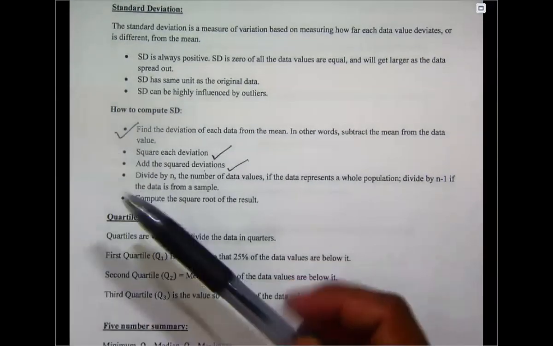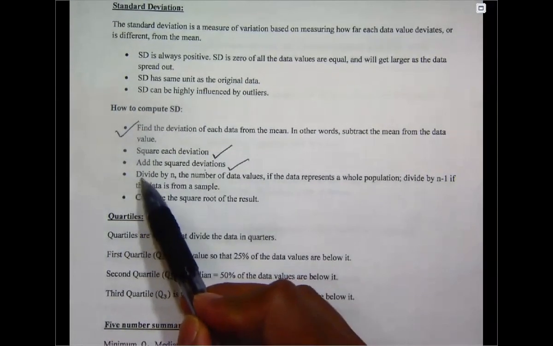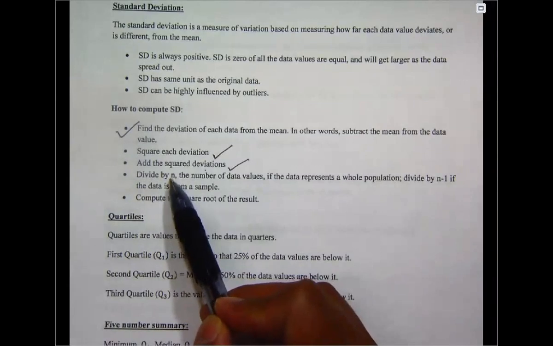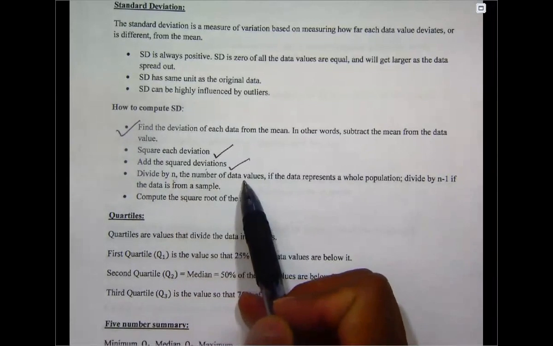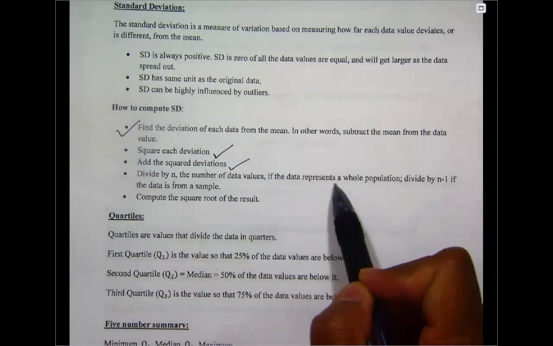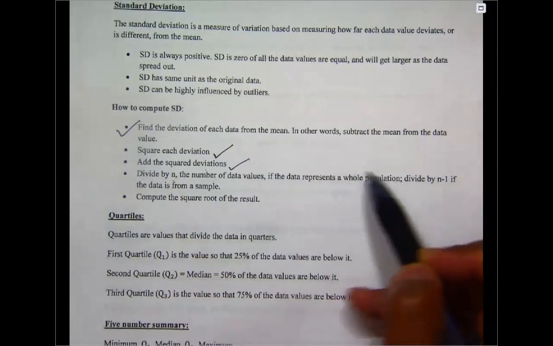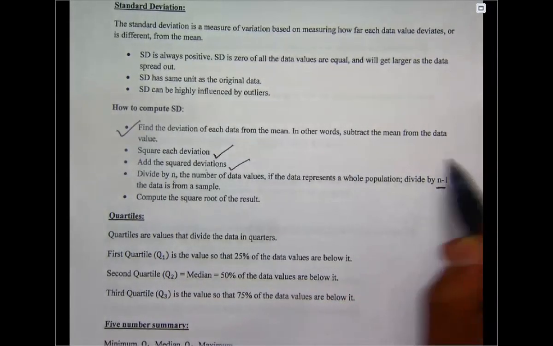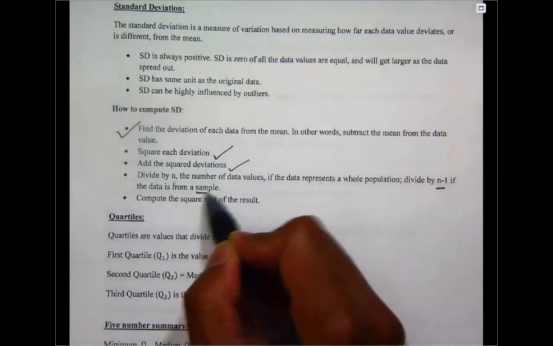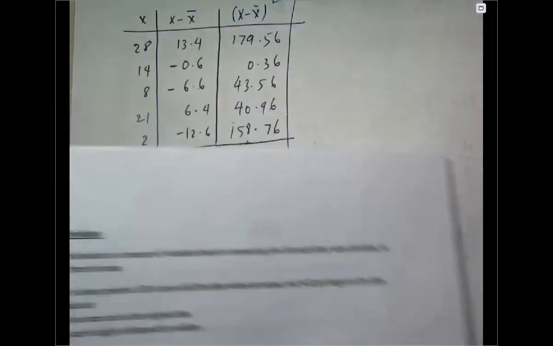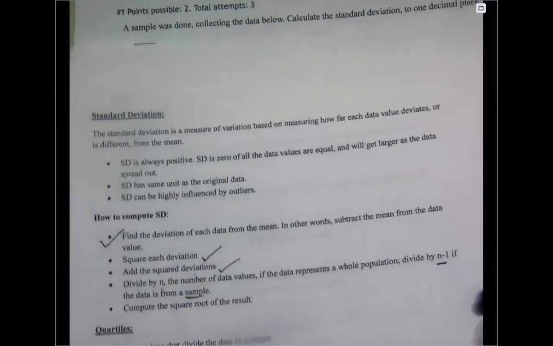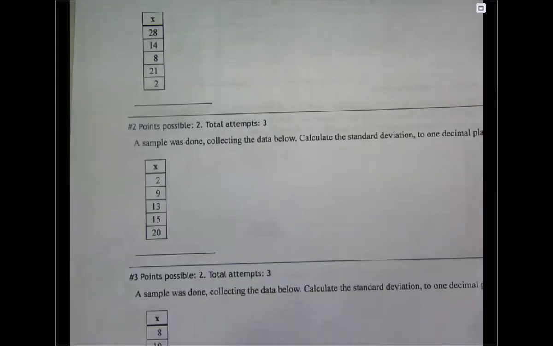Let's go to the next step. After adding, divide by n, which means the total number of data values. If the data represents the whole population, divide by n. Divide by n minus 1 if the data represents a sample. In this problem, if you check the problem itself, it says a sample was done.